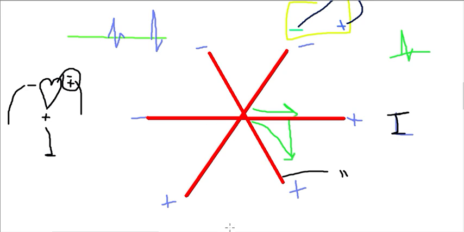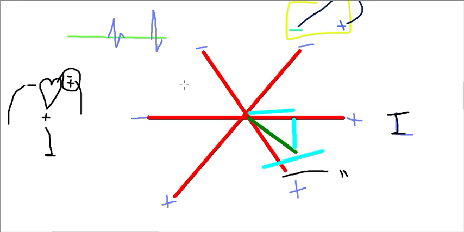I just draw here the QRS vector in a much clearer picture. This is the projection of the QRS vector on lead 1, and it shows this is the magnitude of the QRS vector on lead 1. First, it is projected on the positive side of lead 1, towards the positive axis.